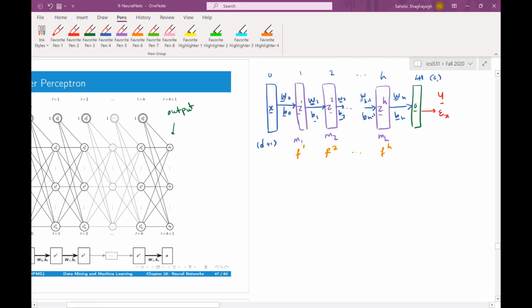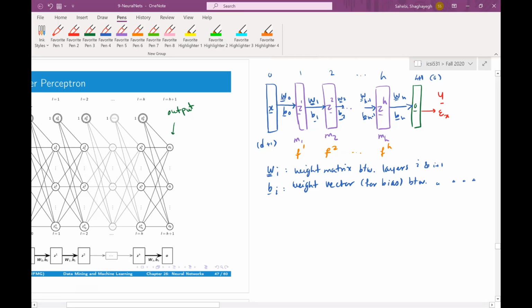So when we have Wi, it's basically the weight matrix between layers i and i plus 1. And when we have Bi, it's also the weight vector for bias between layers i and i plus 1.